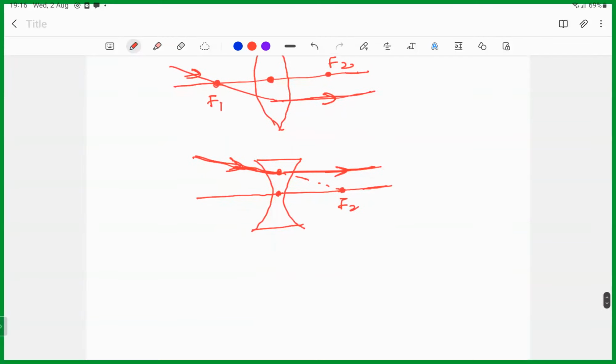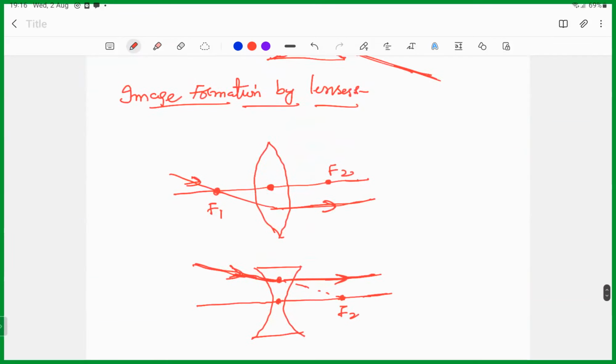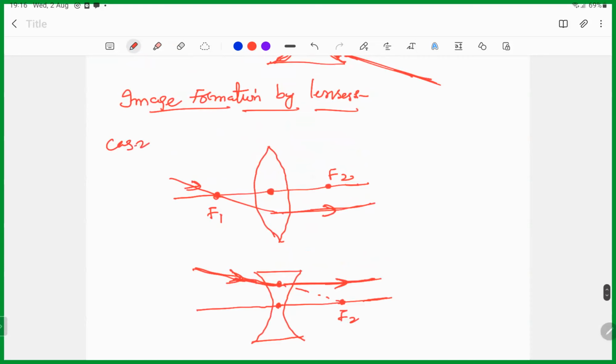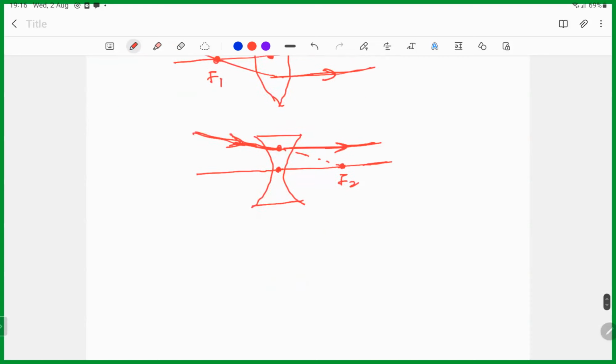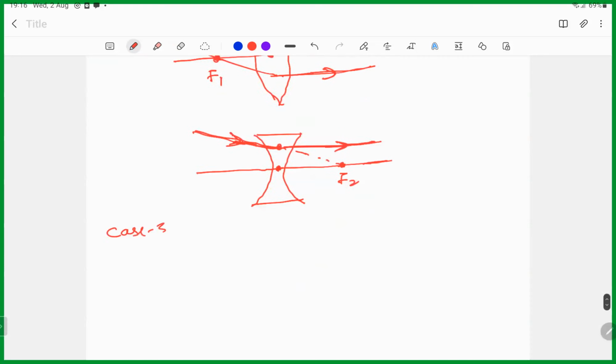So what will be the third case? Optical center. Then it will just pass through without any deviation. Okay.